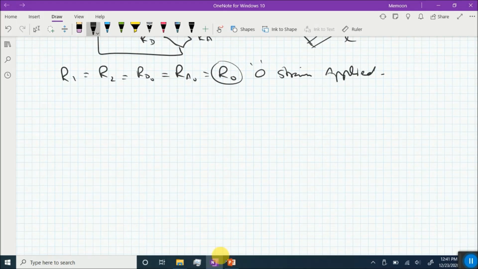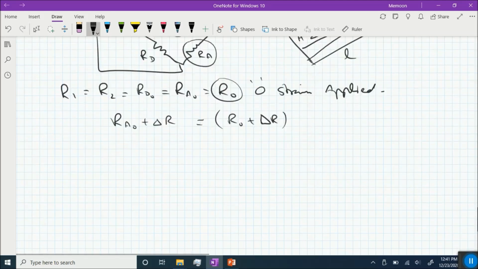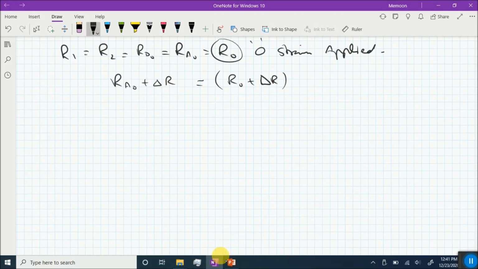Now let's see what if this RA changes. RA becomes R naught plus delta R. Some strain was applied and the resistance of this active sensor changed. So what would be our delta V?